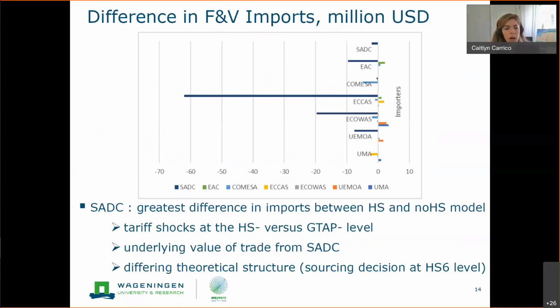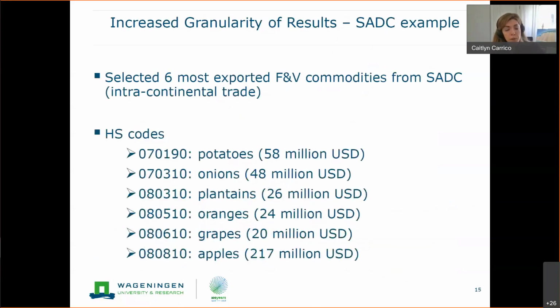But what I would like to say is that even though these are sort of dampened effects, there are reasons to think that this might very well be more realistic in another sense too. And I'm also going to now give a more specific example with SADC of the granularity that you can see in the results.